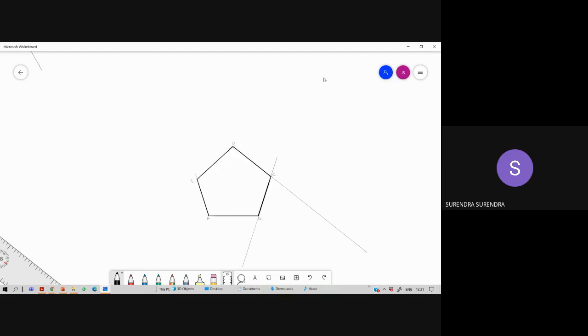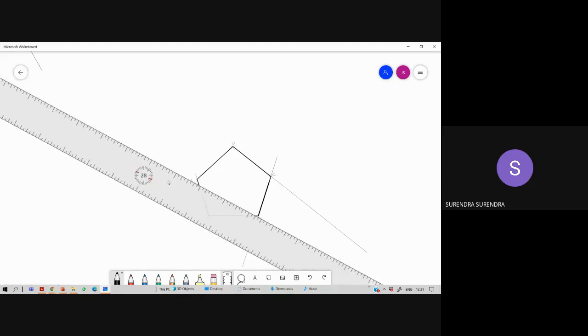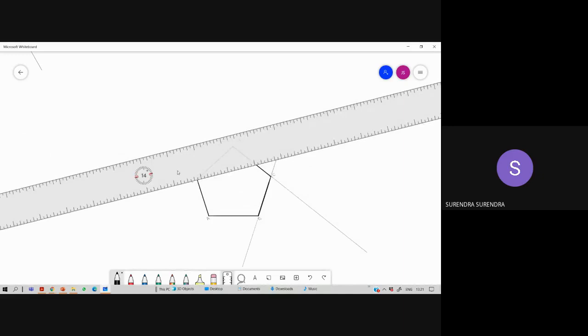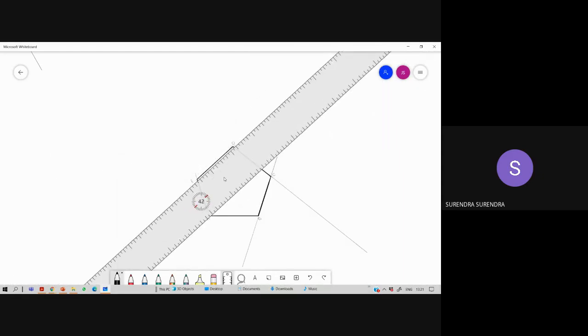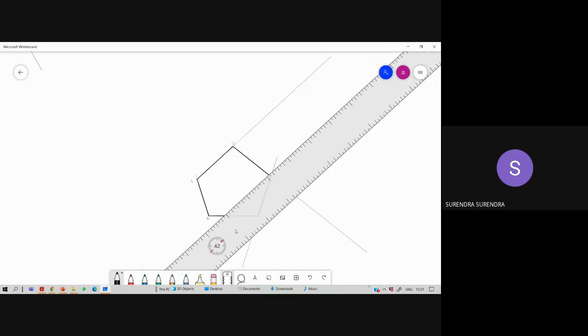So if we release for the next point, extend DE for 90 mm. Observe here, I'm drawing all these lines with a 2H pencil. All these are construction lines, so I'm extending with the 2H pencil.